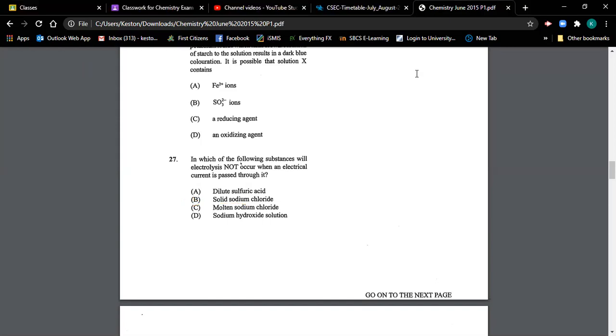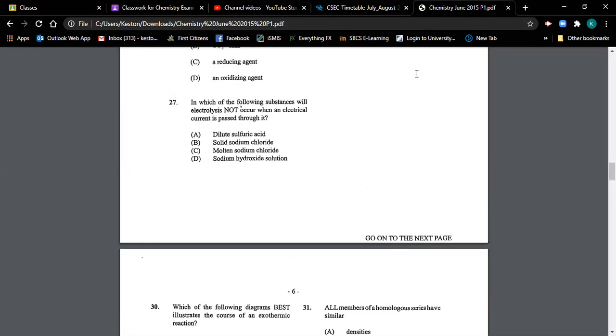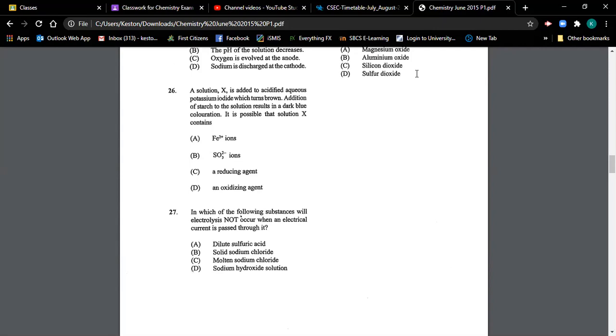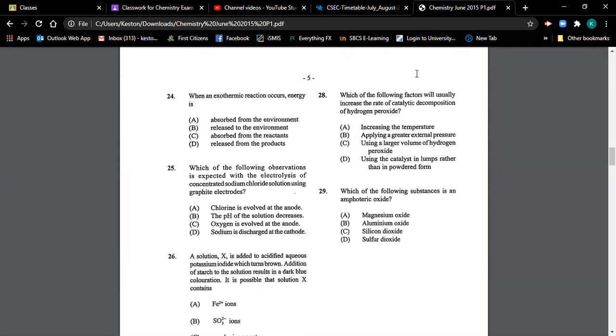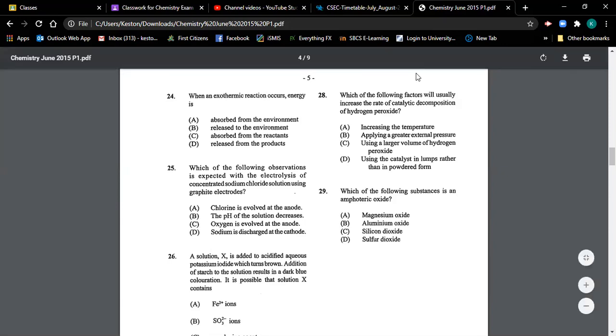Moving on. 28. Which of the following factors will usually increase the rate of catalytic decomposition of hydrogen peroxide? What do you guys have for this one?